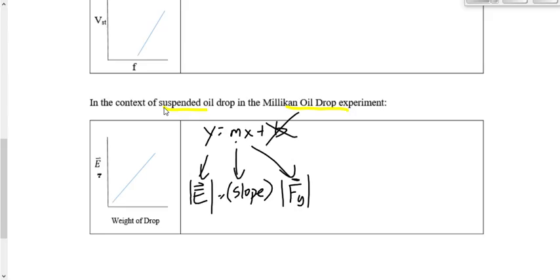All right, let's say we need to get an equation either from our data sheet or derive one that relates electric field and force of gravity in the context of the oil drop experiment. Anybody know which one it is? For a suspended oil drop in the oil drop experiment, we would say, Hannah? Good, Fe equals Fg. So it's not on our data sheet.